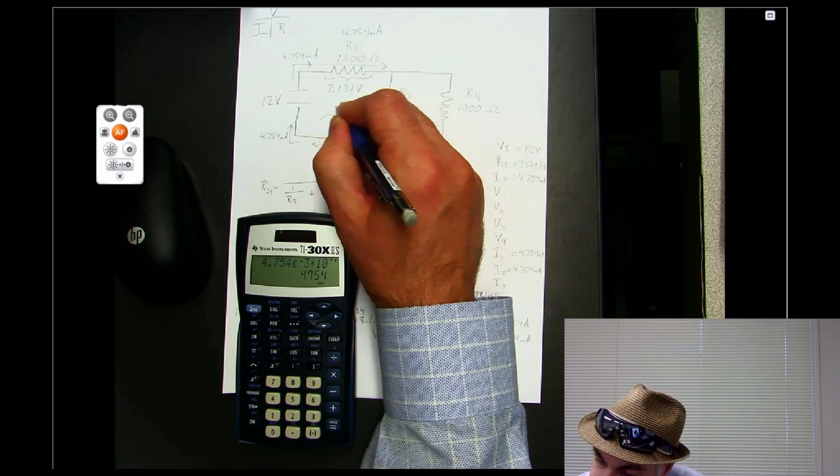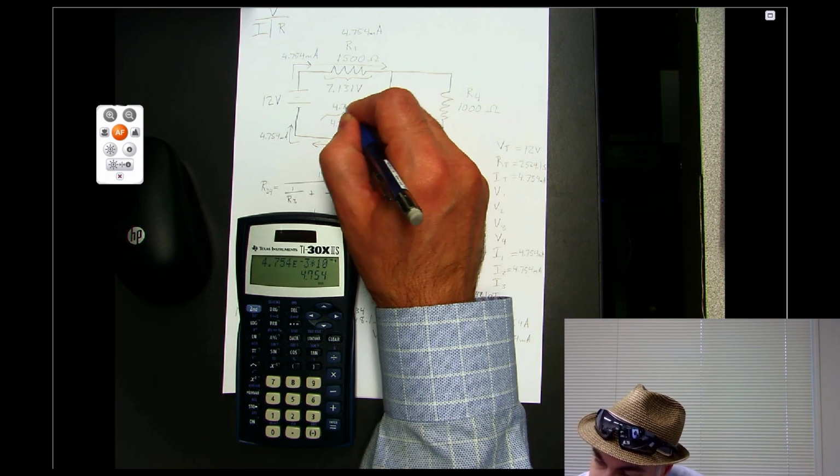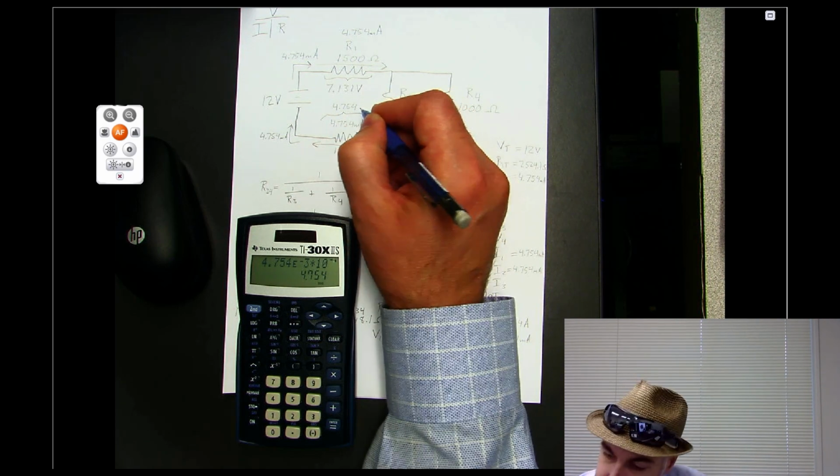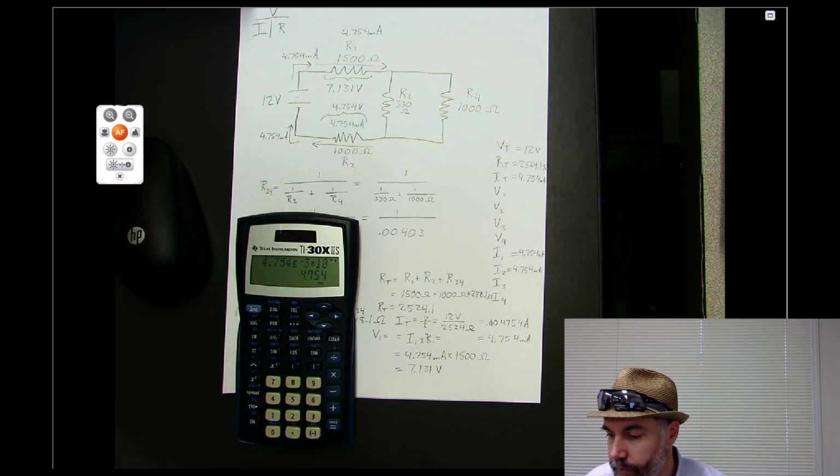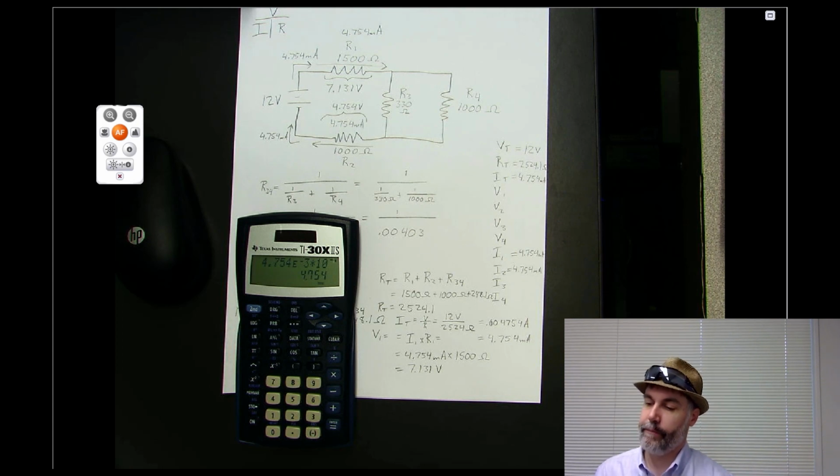So across this resistor, we have 4.754 volts. Okay?